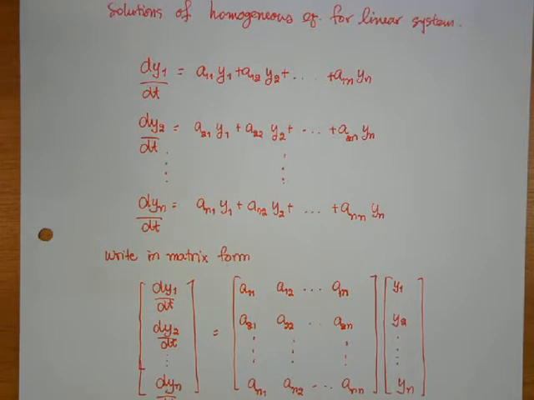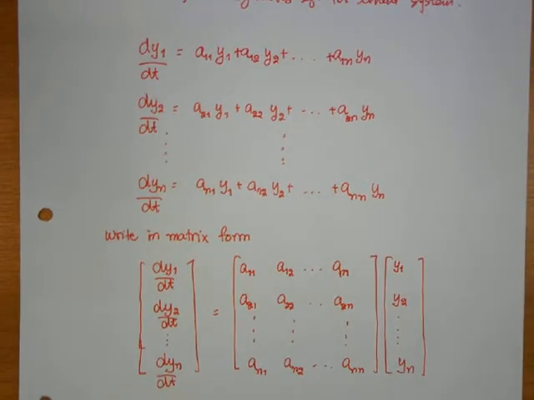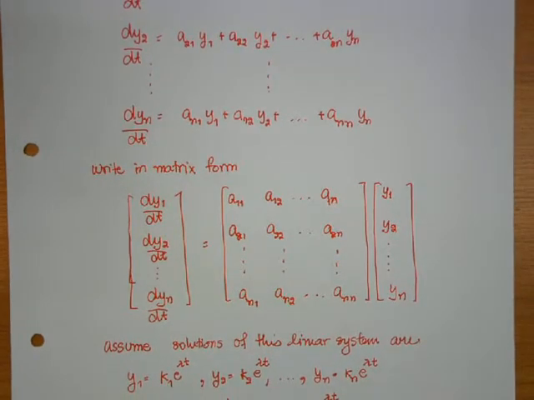So the way to solve for this linear system, we are going to write the linear system in terms of a matrix. So here we will get a matrix like this.